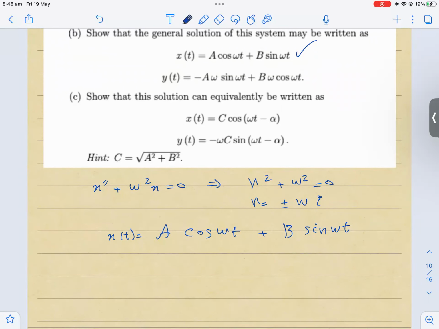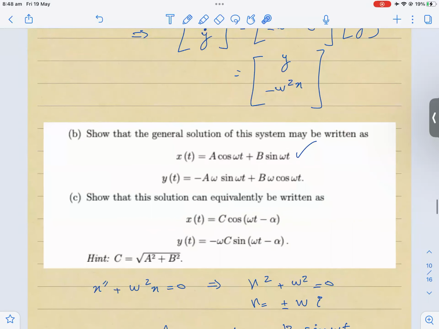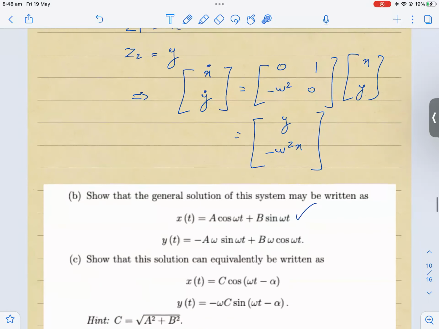From here, when we have its complex numbers, we've got some methods to obtain the second one, y(t), when we have written x double dash as a system of ODE.